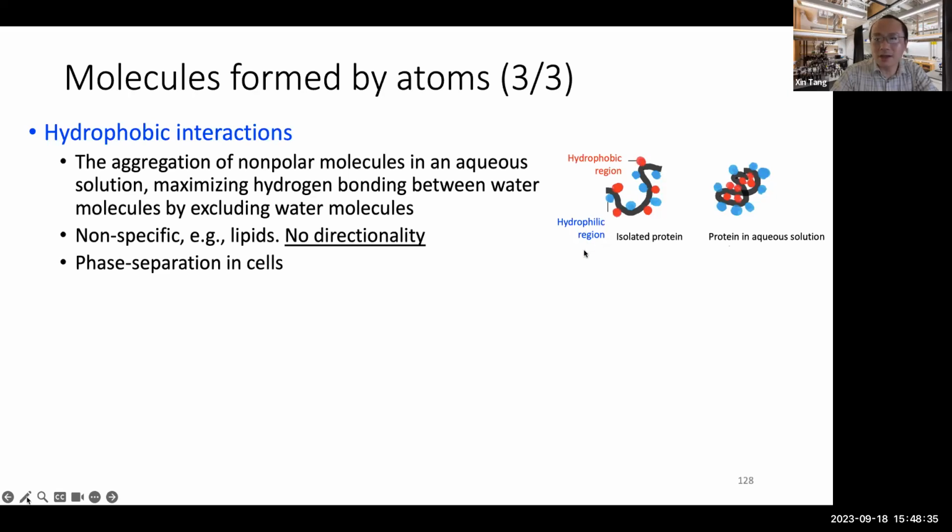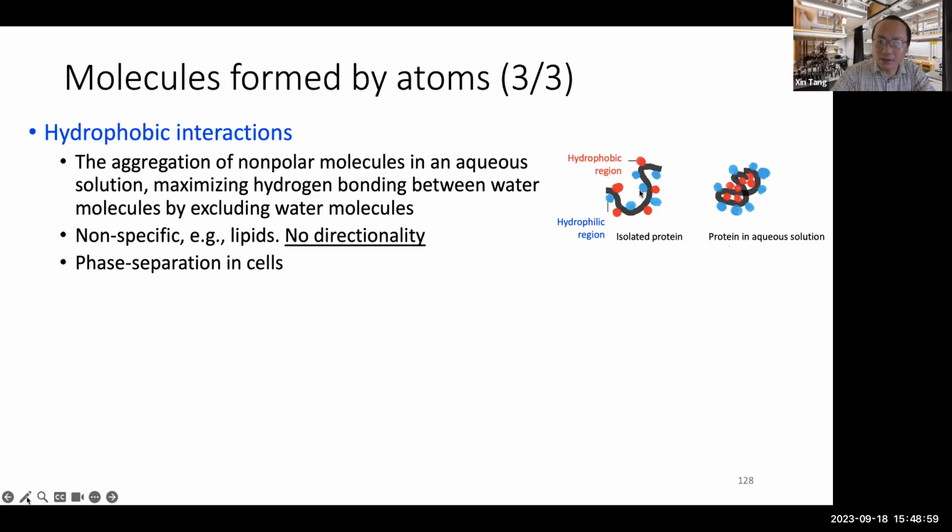Hydrophilic means they actually like the water. In physical chemistry, people use the contact angle to characterize hydrophobicity. Okay? If the angle is very large, like a water droplet on lotus leaves, right? So that is hydrophobic. And if the angle is very small, then it's hydrophilic.